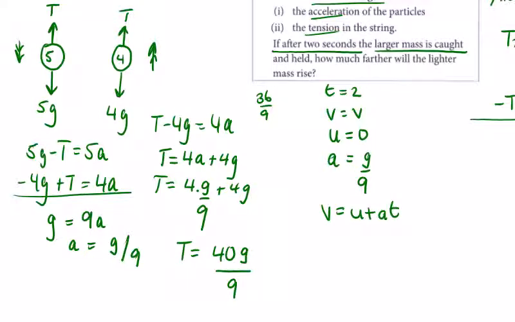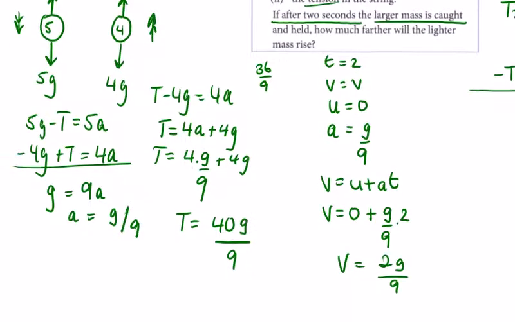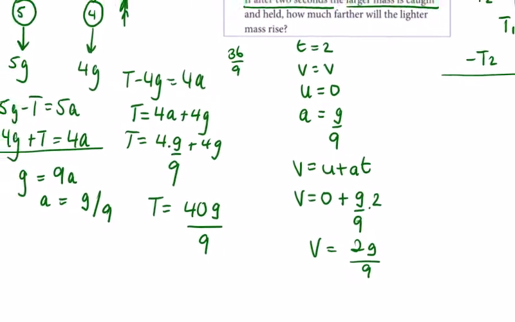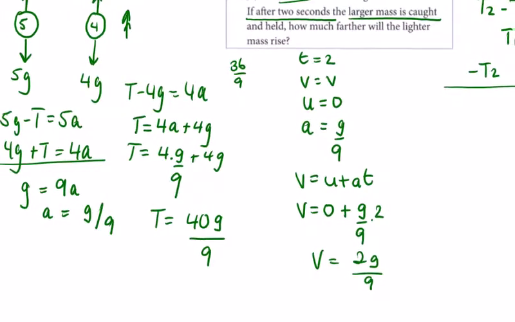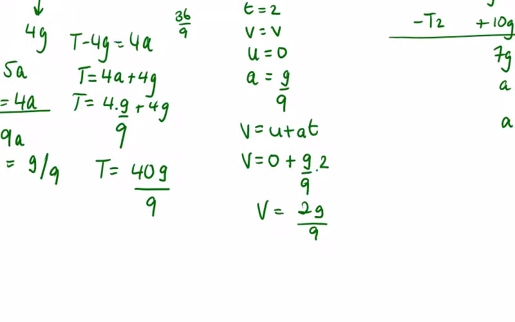So v is equal to, it starts from rest, plus g over 9 times 2. So the velocity of this particle just before it stops is 2g over 9. That is now the initial speed of my other particle, the 4 kilogram one, the lighter one.